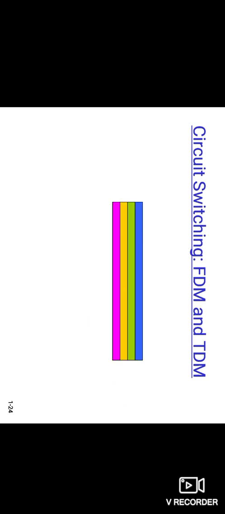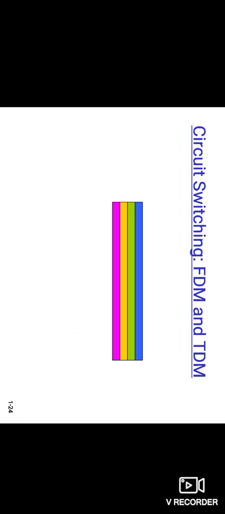In frequency division multiplexing, the allotted frequency is divided. The best example is FM radio and its allotted bandwidth. FM radio stations are allotted the bandwidth between 88 megahertz and 108 megahertz, and this is divided among different stations.